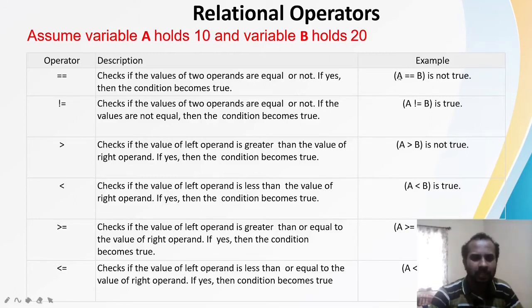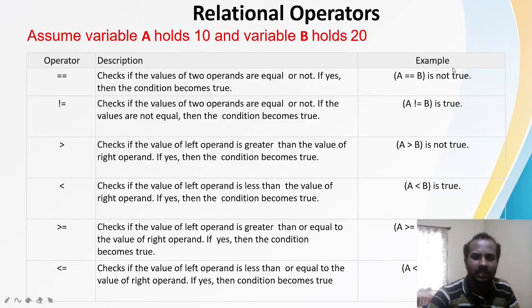Double equal to, that is equal to and equal to. It will check whether A is equal to B. If A is equal to B, that is A is 10 and B is also 10, then only it will have the value true. But here A is 10 and B is 20, which are not equal or which are not same, right?